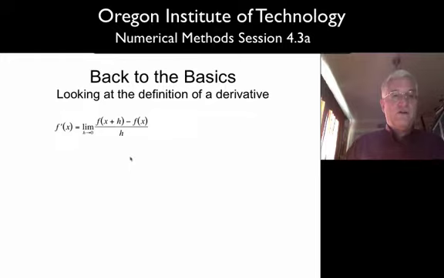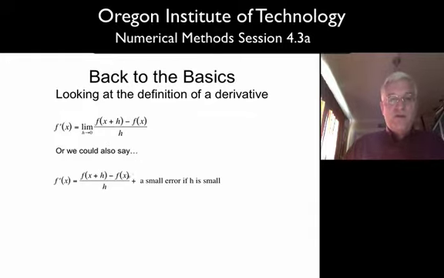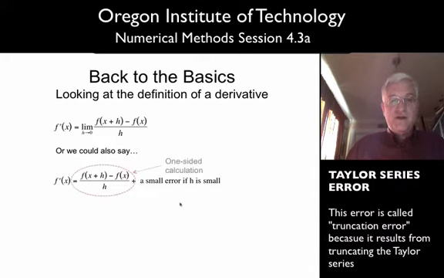So we are going to have to understand the error we're facing. Without the limit, our derivative is exactly equal to this ratio plus a small error if h is small. It's going to be up to us to figure out a formula for that error, and it will be tied directly to the error on the Taylor series.